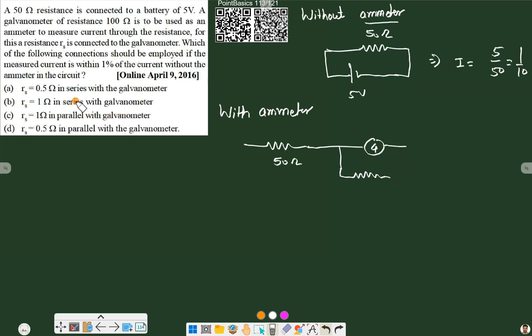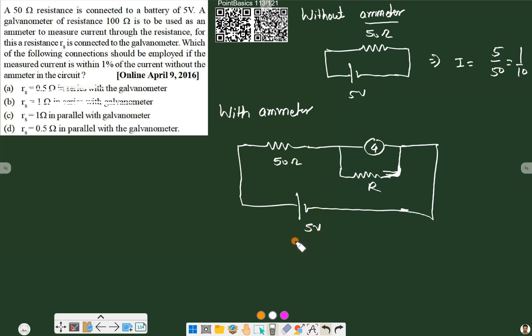So we can say both series options get cancelled. Only the parallel answer will be possible. So this is R, and we have a 5-volt battery here. Now the resistance of the galvanometer is 100 ohm.